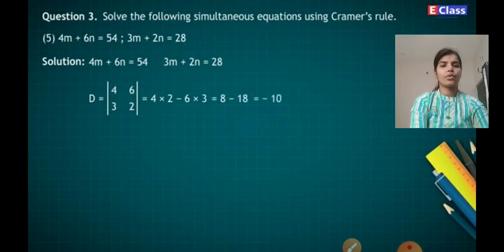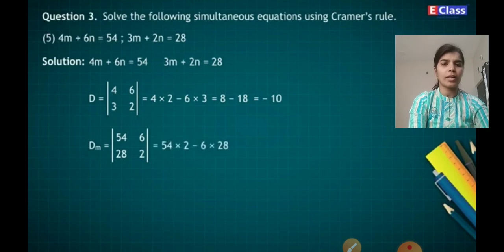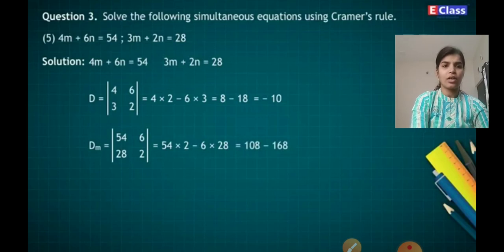Then next we want to find Dm. Here we write Dm because m is the variable. Instead of a1, a2 we write c1, c2. Then 54, 28, 3, 2. Multiply 54 into 2 and 3 into 28. So 54 into 2 is 108 and 3 into 28 is 84, so the value of Dm is minus 60.